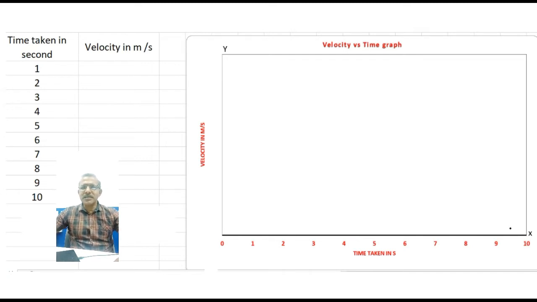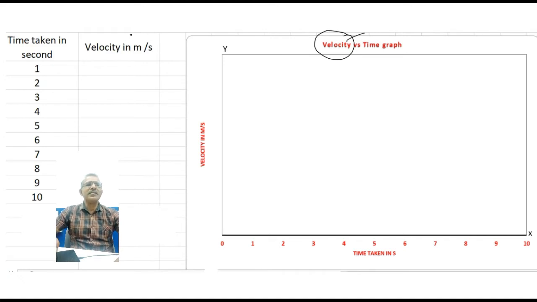Now let us take a few examples of velocity, not the distance. Please remember, time and again I am telling, it's velocity and time, because we tend to mix with the previous video tutorial, that is the graph drawn distance versus time, into this video tutorial. We are in velocity versus time graph.